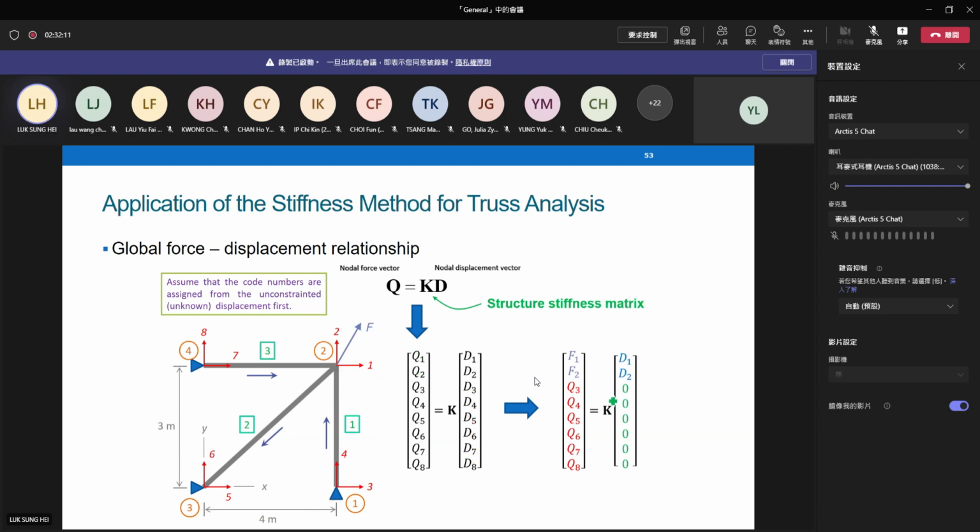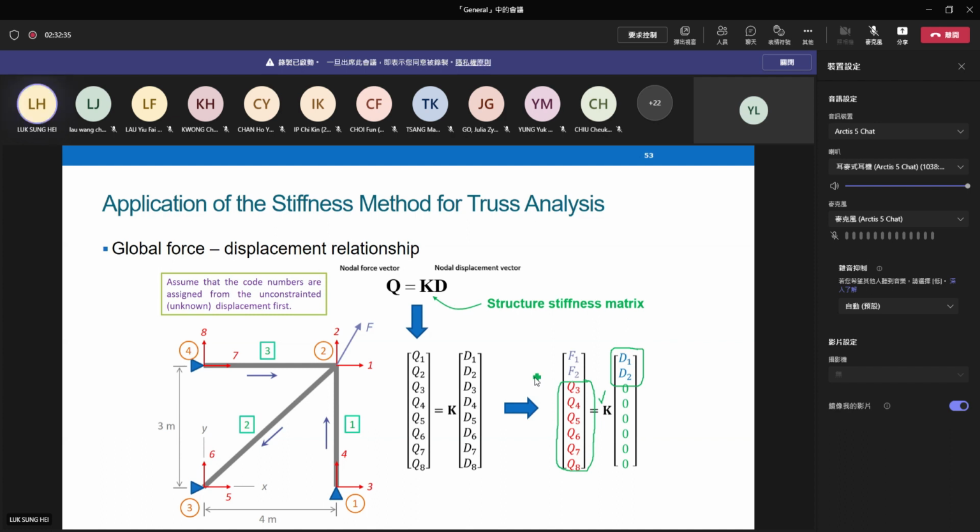K is the stiffness matrix, the structure stiffness matrix, which we derived in the previous sections. So in this problem, you are asked to solve the unknown displacements, D1, D2, and solve the unknown reactions, Q3 to Q8.